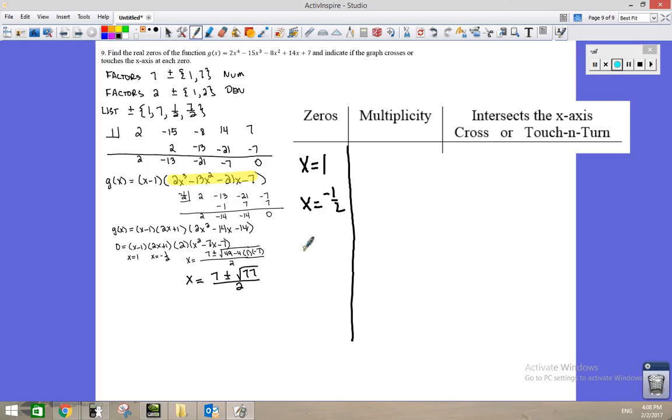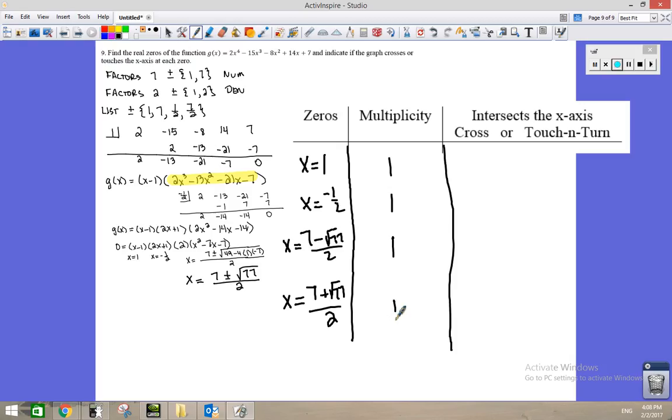And we had this irrational number from the quadratic formula, 7 minus radical 77 over 2. And we have this 7 plus radical 77 over 2. So all of these multiplicities are just 1, which means we don't have any touch and turns, that these are all crossing as they intersect the x-axis.